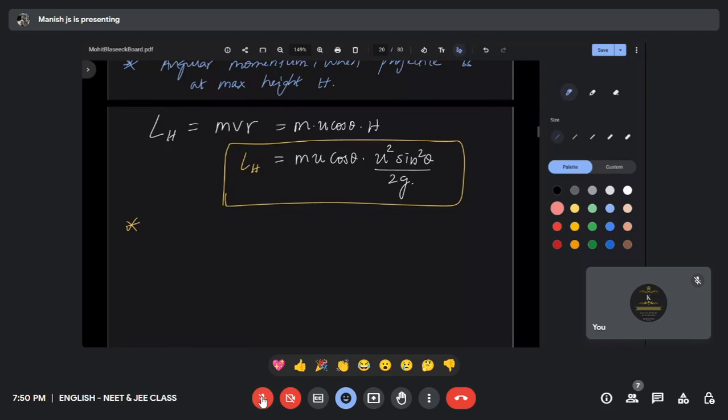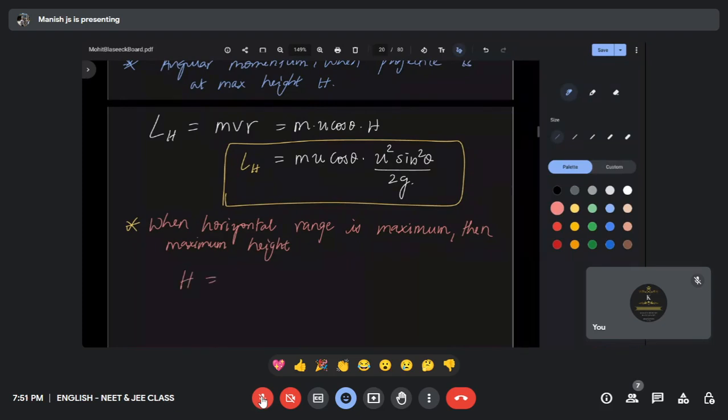Say when the horizontal range is maximum, then the maximum height is related as h is equal to, okay, u squared. You know that for the maximum range we take theta as 45 degrees, already I told you.